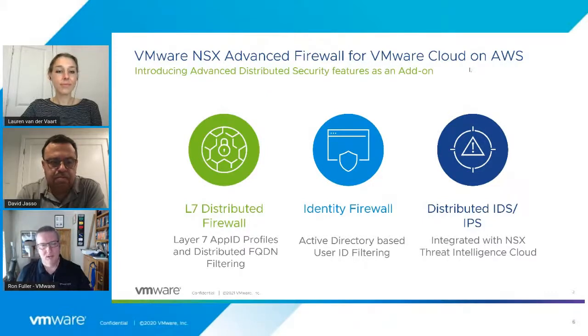And then the focus of today's session is definitely the distributed IDS/IPS and how that layers into the infrastructure to provide a really comprehensive threat detection infrastructure that allows us to really enhance the overall security posture of our customer workloads.